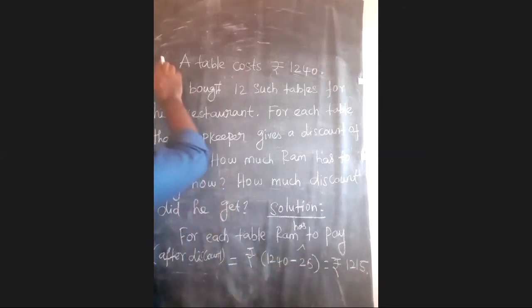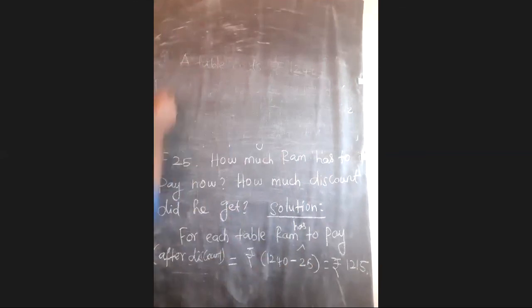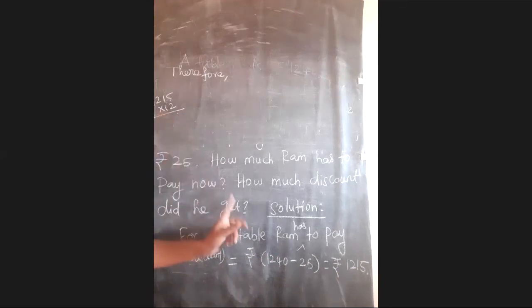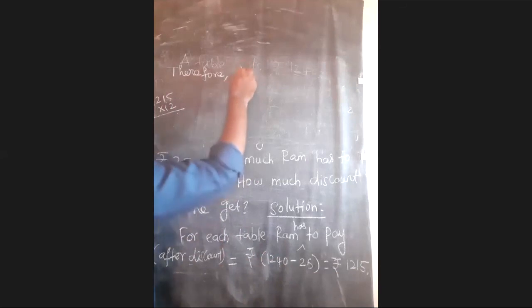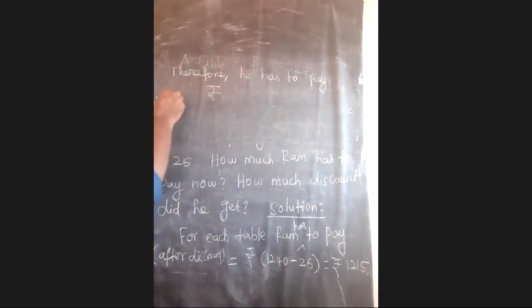Therefore, what is 1215 into 12? This is the total amount he has to pay for 12 tables. So he has to pay, 2 2s are 4, 1 2 is 2, 5, 1, 2, 1, 0, 8, 5, 1, 4.